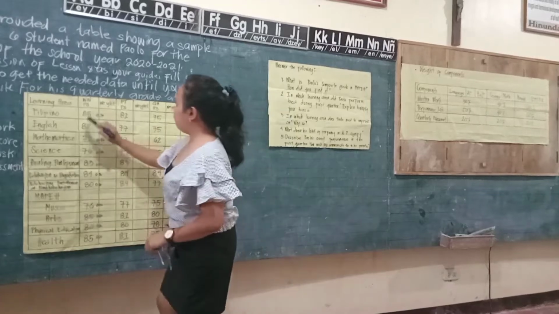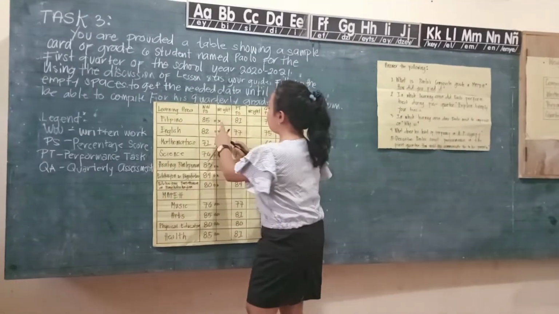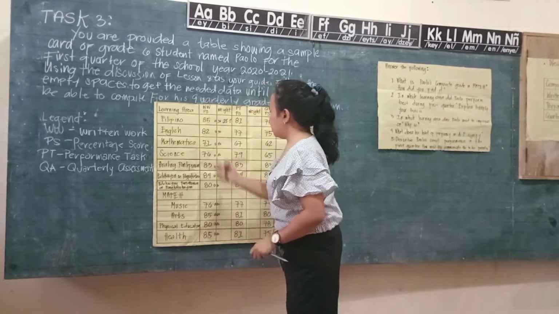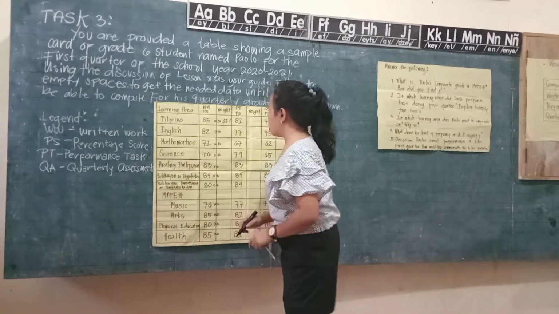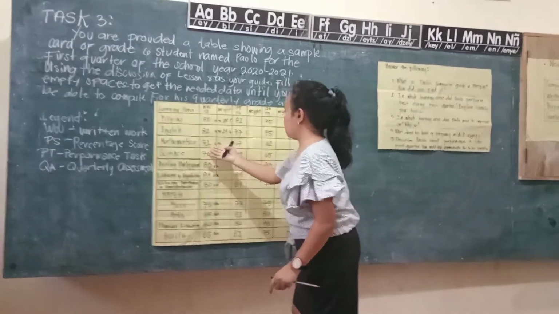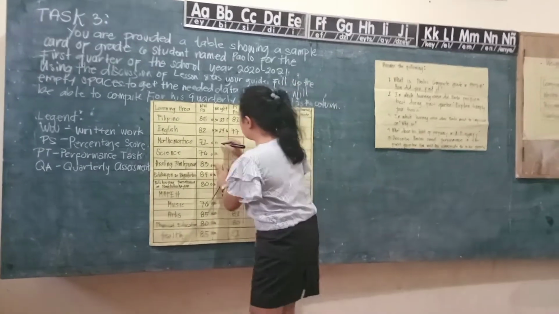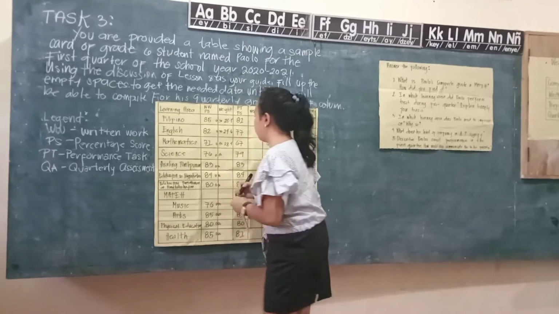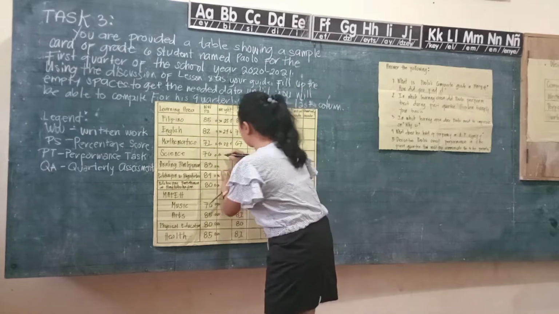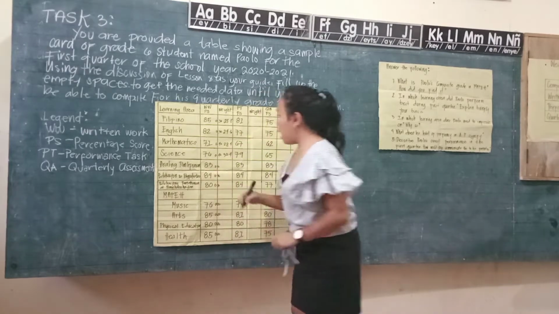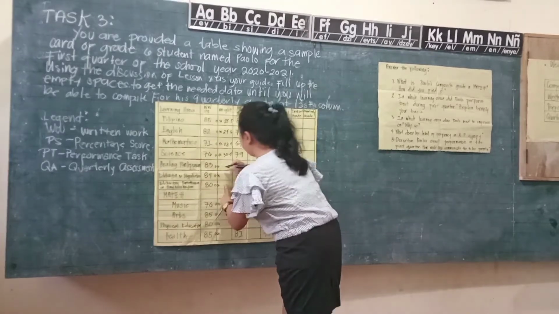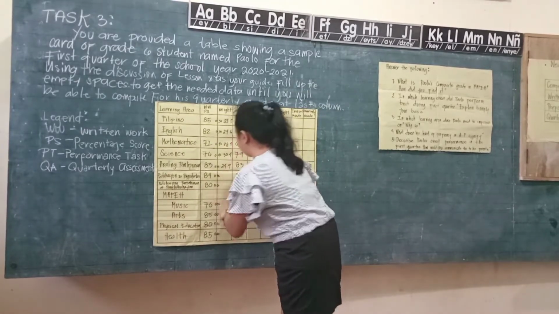So 85 times 0.30 is equal to 25.5. 82 times 0.30 is equal to 24.6. 30.4. Araling Panlipunan, 83 times 0.30 is equal to 24.9.